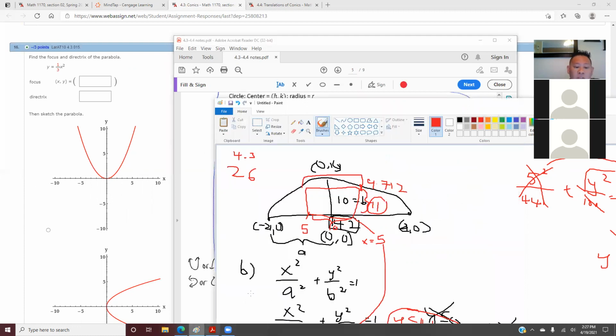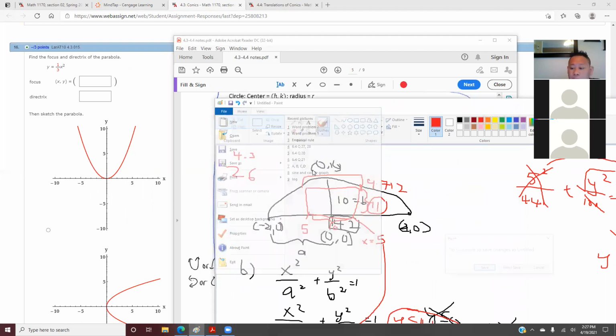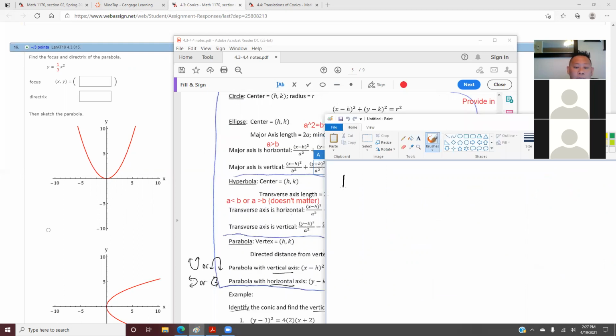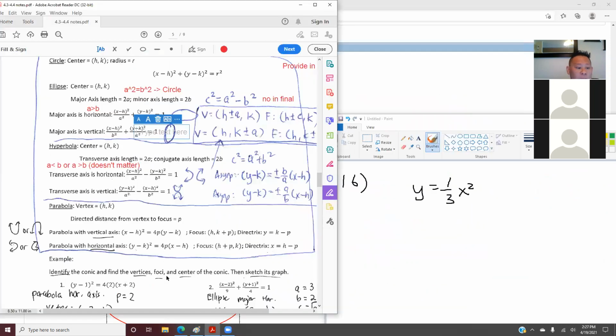So for us to do this question, number 16 here is y equals 1 over 3 x squared. Now, if you look carefully at this formula, it says x squared is here, and then you have 4p and the y.